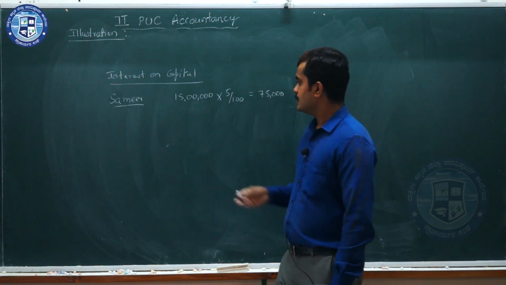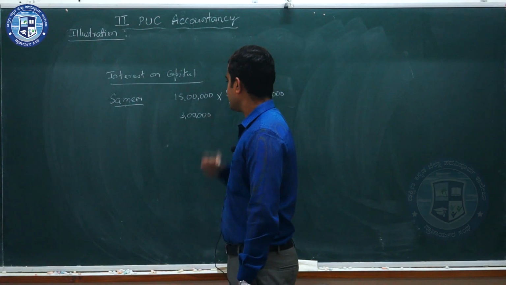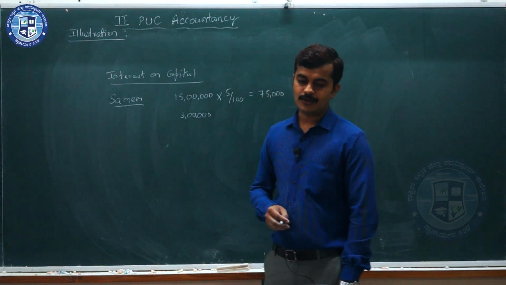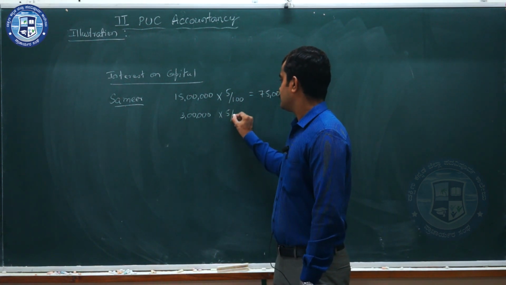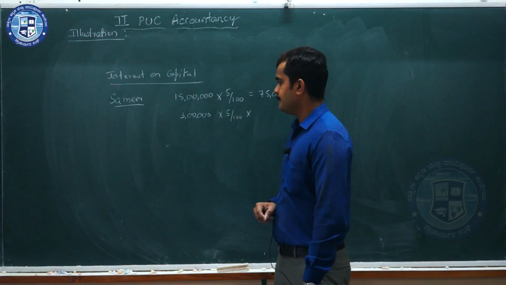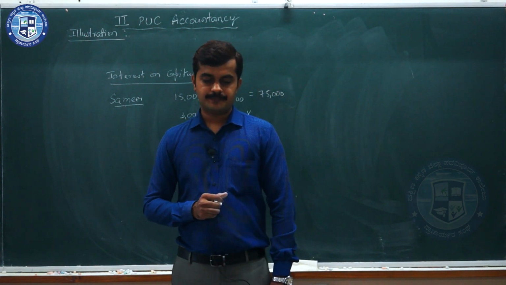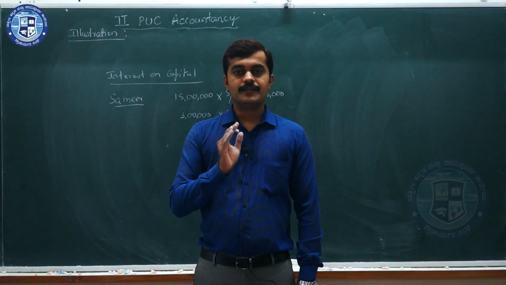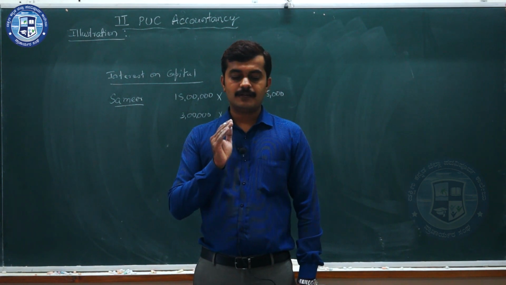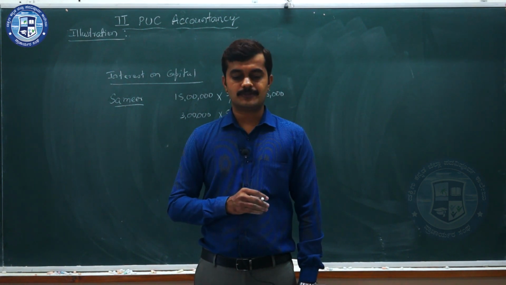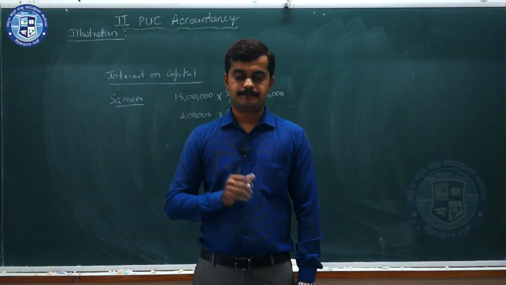That will come to 75,000. And in addition to that, he has contributed additional capital rupees 3 lakh on July 1st, 2014. So on that, 5% per annum for the time period. So accounting year ends on 31st March 2015 and additional capital was introduced on 1st July 2014. So we have to count how many months there are.